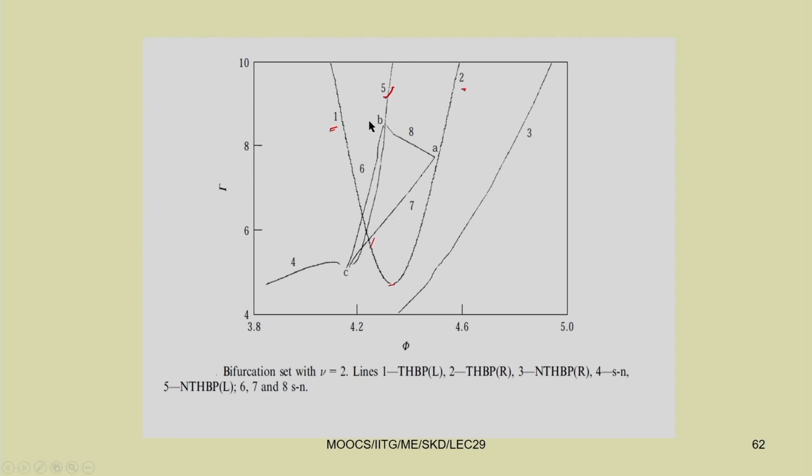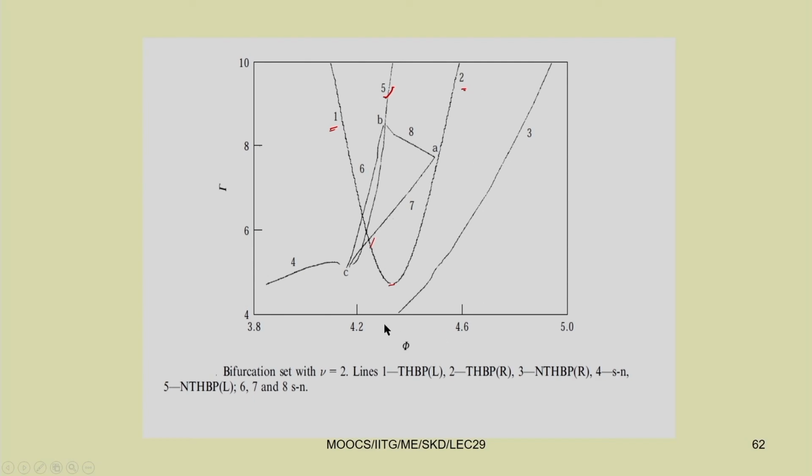For example, in between 1 and 2, as 1 and 2 are trivial state Hopf bifurcation points, clearly you can have a periodic response in between 1 and 2.